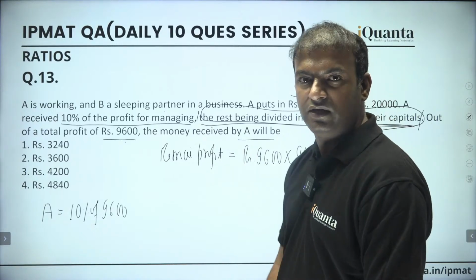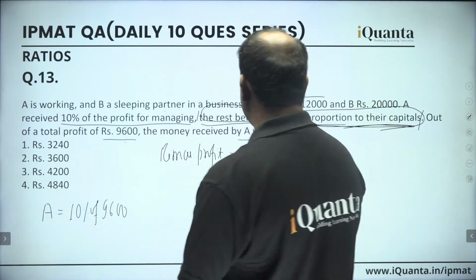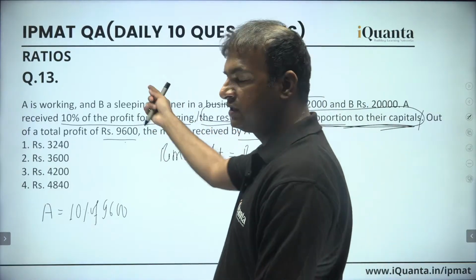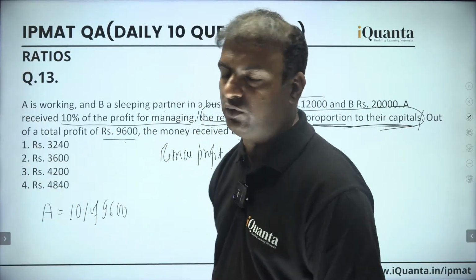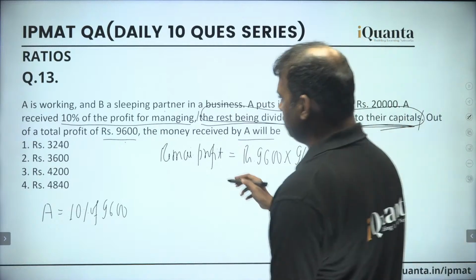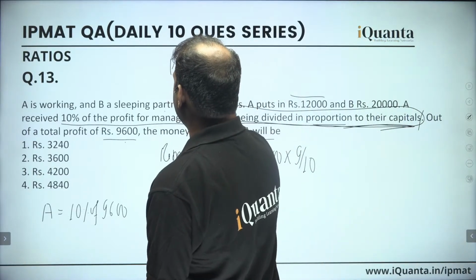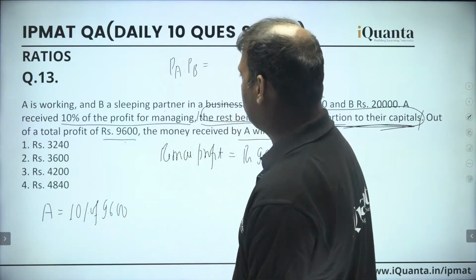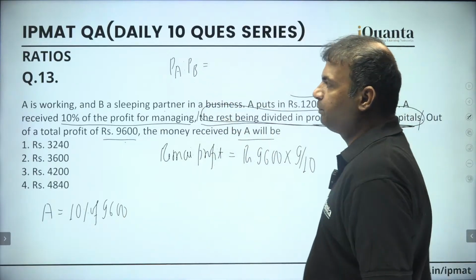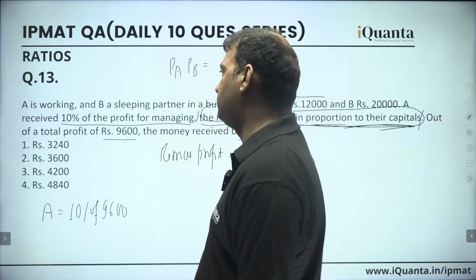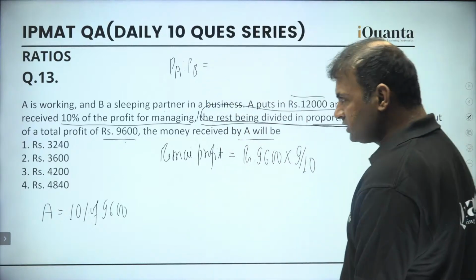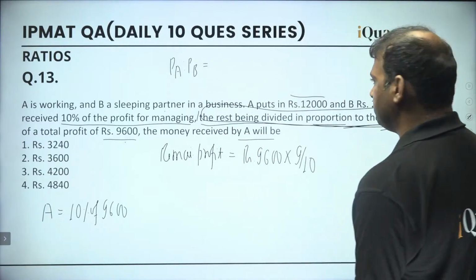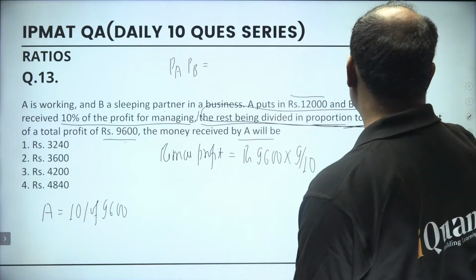9 by 10. Okay, now this profit will be shared among A and B in the same way as it was being done before. Now guys, in this case, remember how we distribute the profit among the partners? We find the ratio of the product of the investment and the time period. In this question, interestingly, the time period is not mentioned if you read it, right? The time period is not mentioned.